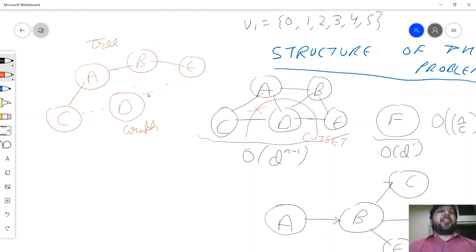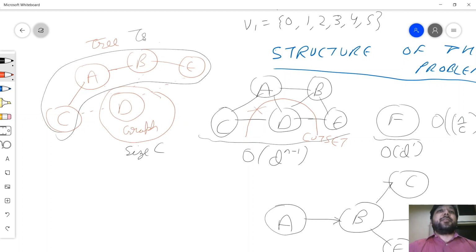So now what my algorithm is really gonna be, I've got a cut set which is of size c, and I've got a tree which is of size n minus c, and this is a very simple and easy problem, and this is a difficult problem.